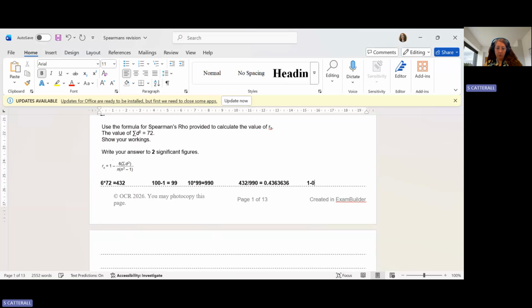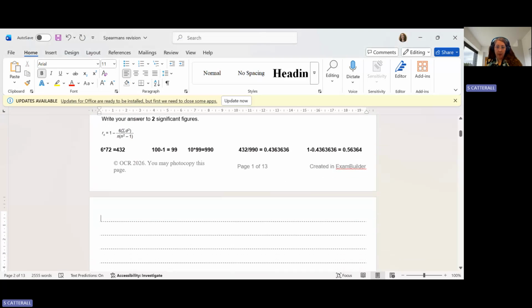So 1 minus 0.4363636 will get us 0.56364, and we want to do it to two significant figures, not two decimal places. So 0.56 should be our answer.